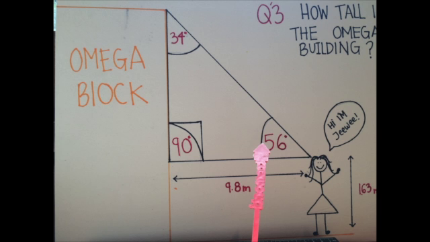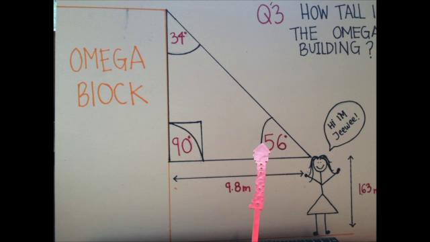So we needed to find how tall the Omega building was. What we did was, first, measure how tall G1 was. She measured 1.63 meters. Then, with the iPhone clinometer and the clinometer, we found out the angle of elevation of the building, which gave us 56.